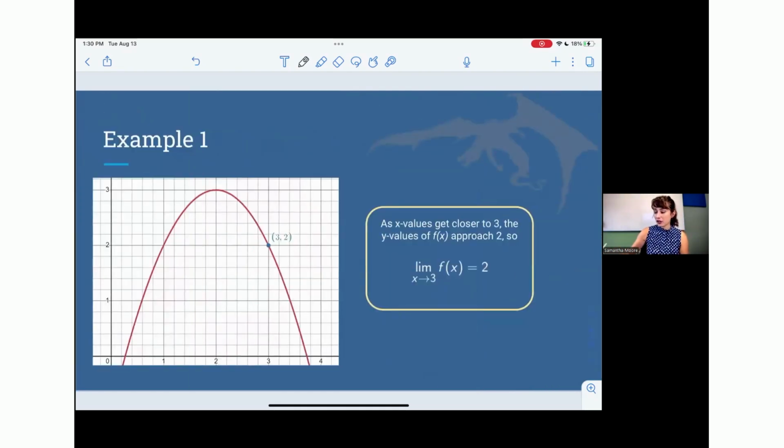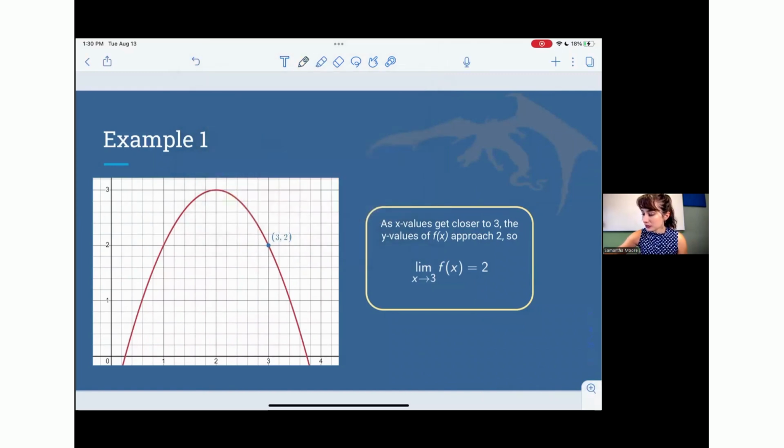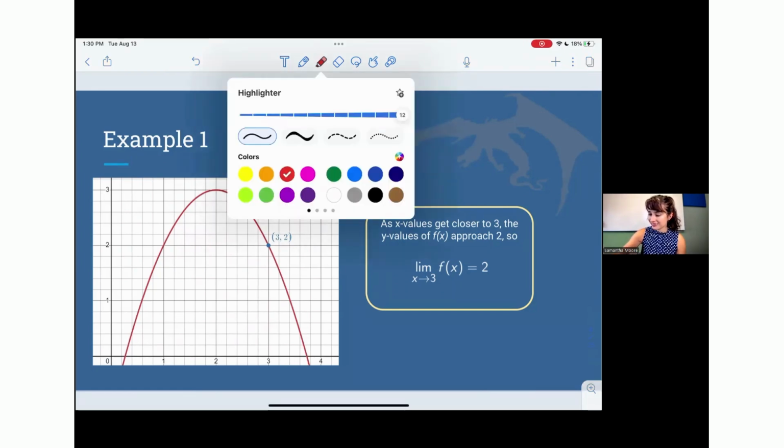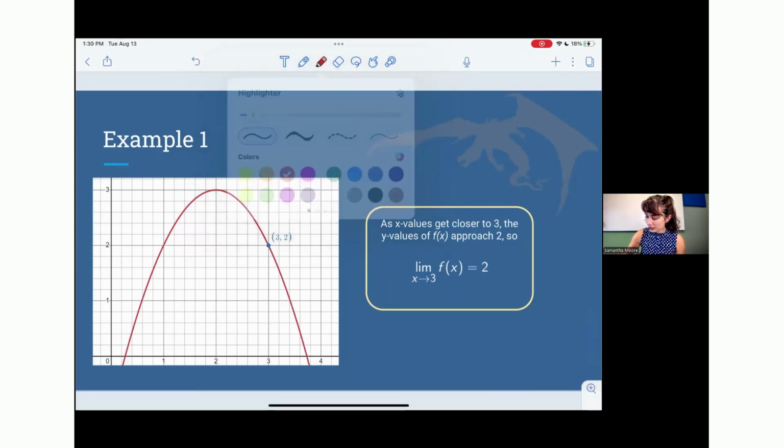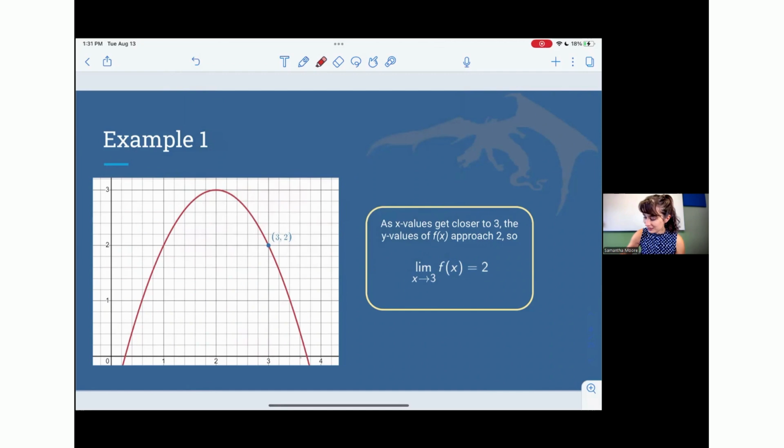If we think about our x values getting closer and closer to 3, maybe I take my x values starting here, and getting closer and closer and closer to 3. So I'm thinking about a sequence of x values.